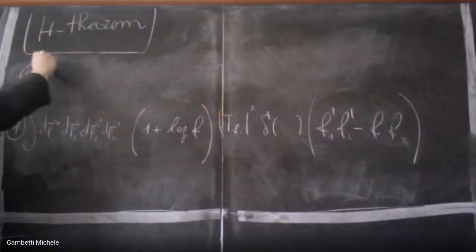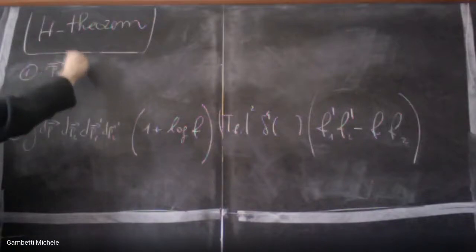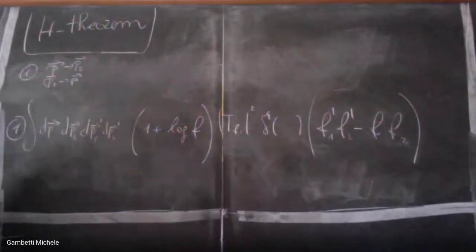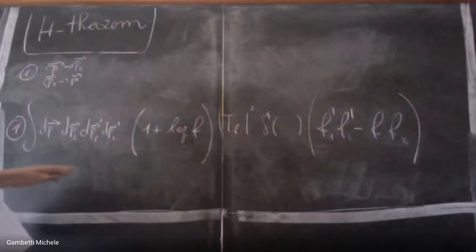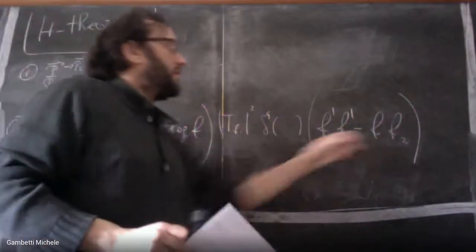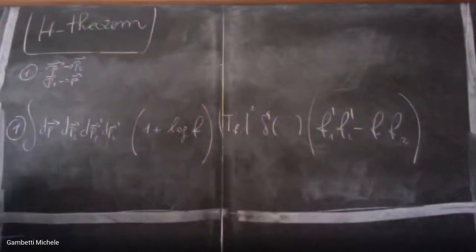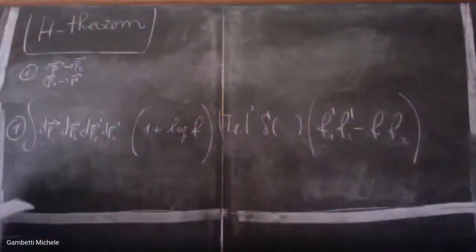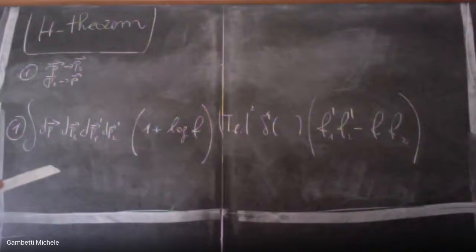We go from p to p2 and, of course, from p2 to p. I'm just switching p and p2, and you will see the reason for which I'm doing that in a moment.